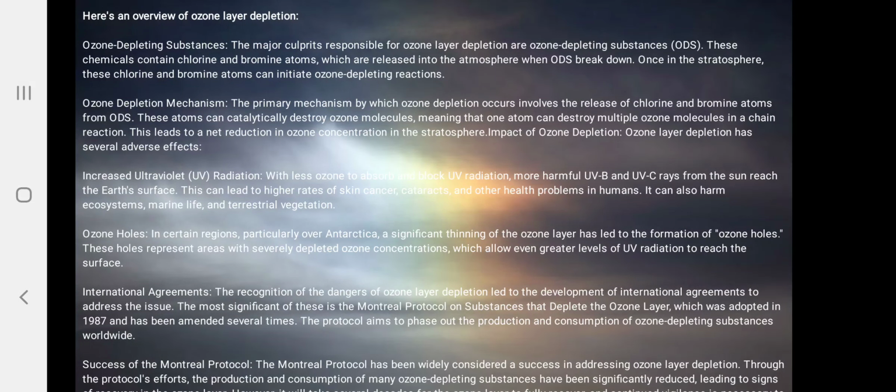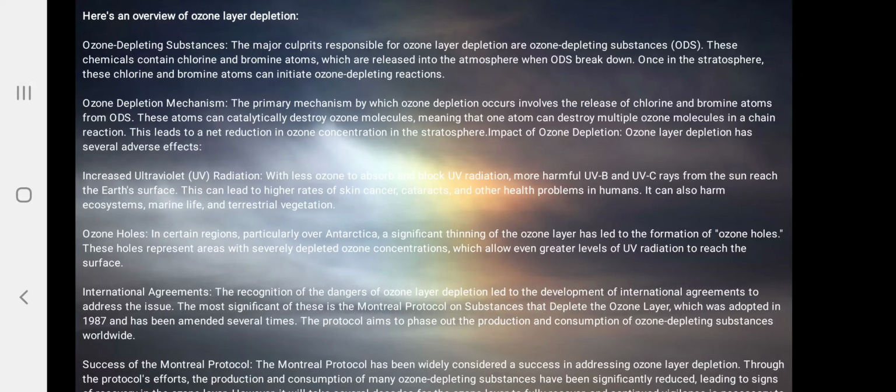So here's an overview of depletion. The major substances which are responsible for this depletion of the ozone layer are chlorine, bromine, and various oxides of nitrogen as well.